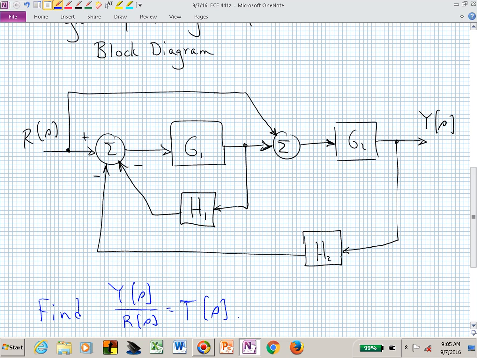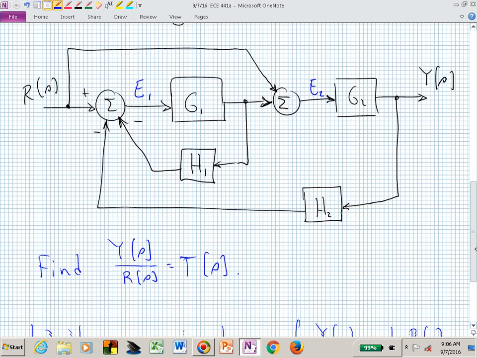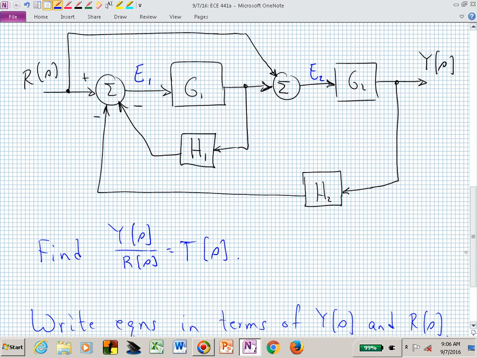Let me go ahead and label this E1, that's a signal coming out of the first summing junction, and this one as E sub 2. The reason I'm using E is a lot of times we might refer to those as an error type signal. That's where the E is coming from.